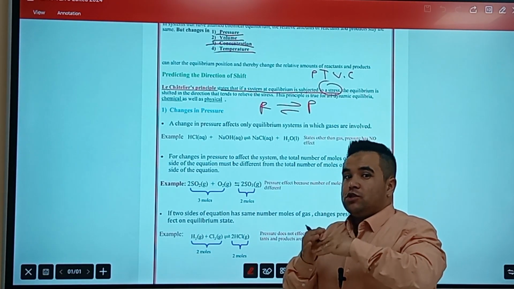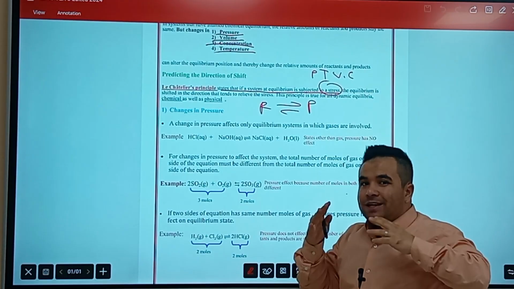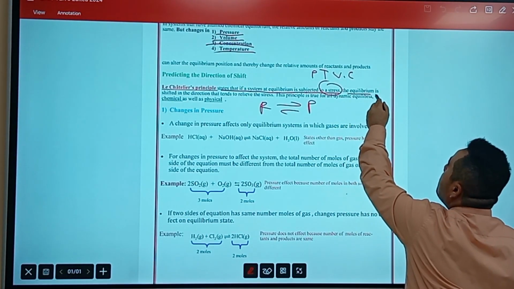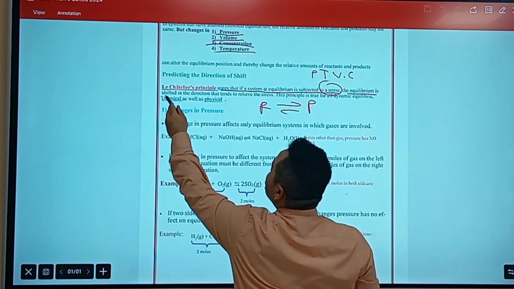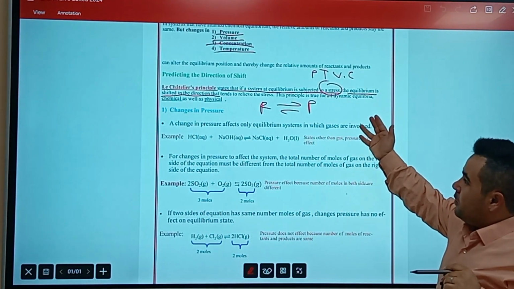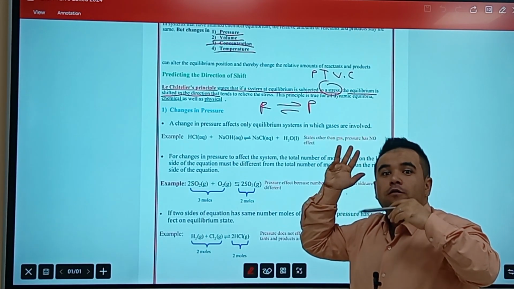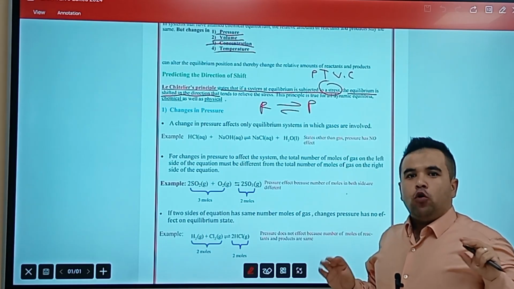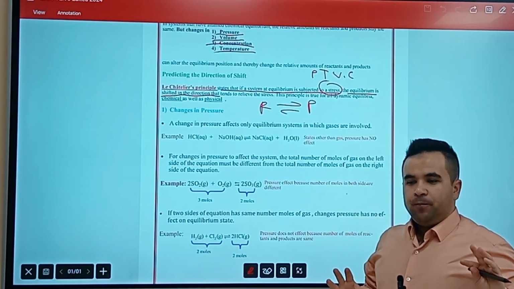If one of these changes, what will happen? The equilibrium is shifted in a direction. So changing any of these 4 stresses shifts or disturbs the equilibrium.